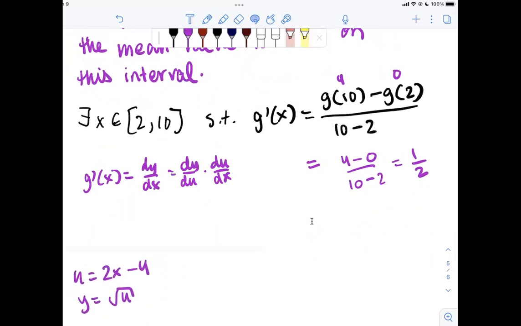So what is dy/du? We're going to look at this. So y is the square root of u, which is u to the 1/2, which means that dy/du is 1/2 u to the negative 1/2, right? Which is 1/2 over the square root of u.